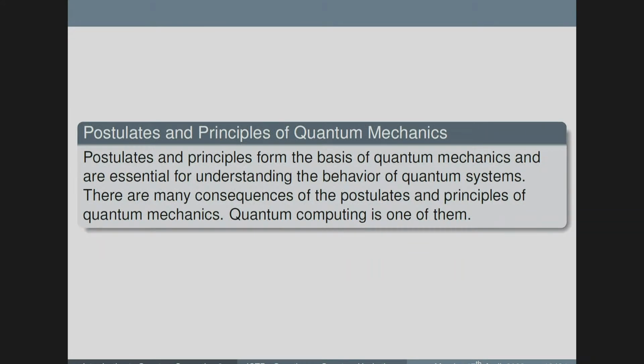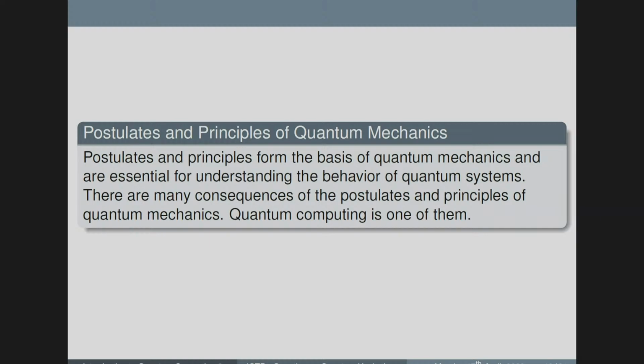So now let's go into the postulates of quantum mechanics, because they're very important for quantum computing. Sometimes you hear about postulates, sometimes about principles. There are different ideas scientists have come up with during history. Some of these postulates were kind of given, and then sometimes we have done experiments to show that they're true.